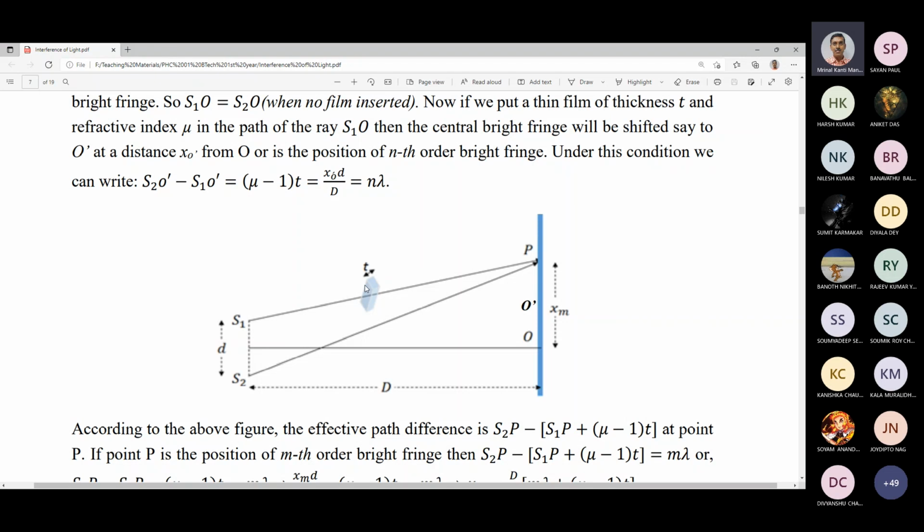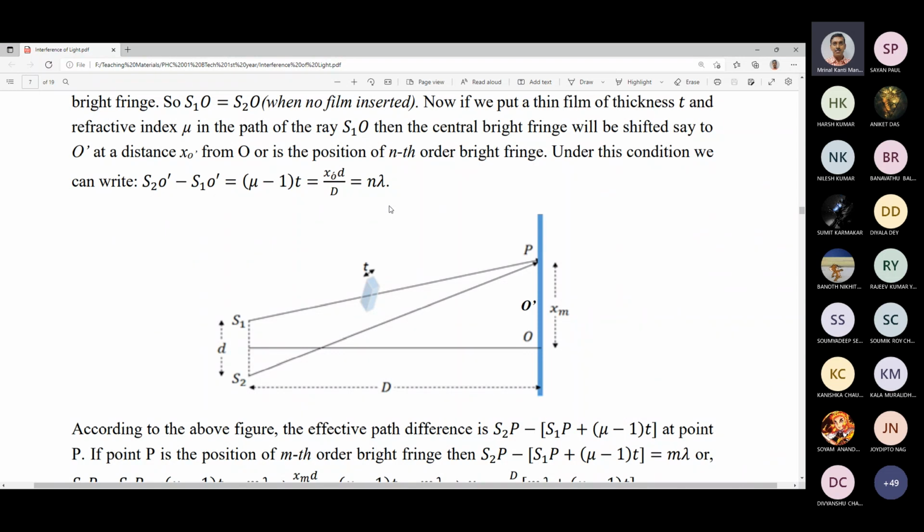And if this point is located at a distance of x0 prime, then x0 d divided by capital D is equal to (mu minus 1) t. Initially, the 0th position was the 0th order maxima, that is the central maxima.